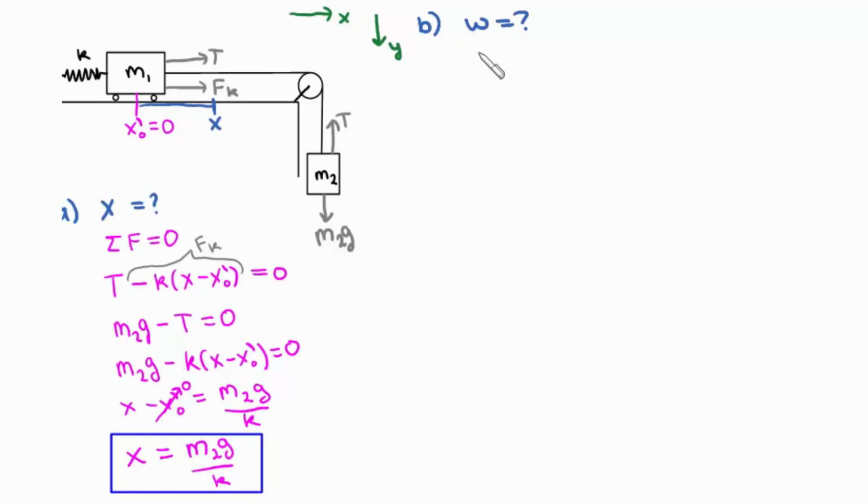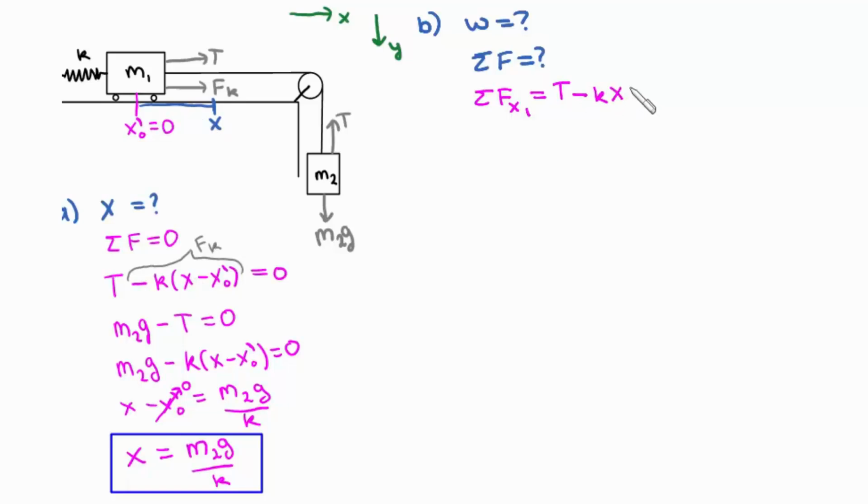Now, how am I going to find the equation for motion? I'm going to start by finding my equation for the force. So let's write out our equations. We have the sum of all of the forces on our first body, in the x direction, and that's going to be equal to our T, and then, as per usual, our Fk, so that's negative k, and because we chose our x0 over here to be equal to 0, I'm just going to write out my x.